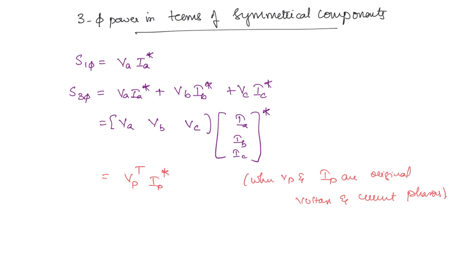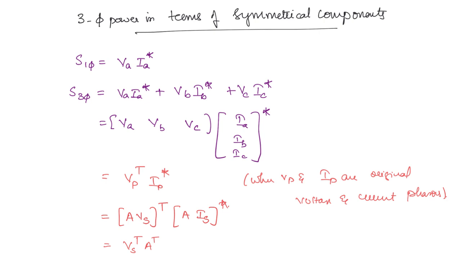Now you can represent these original phasors in terms of the symmetrical components. So what will this be? This is going to be A into Vs transpose, A into Is conjugate. Now two matrices are multiplied and transposed. What will it be? This is going to be Vs transpose A transpose, because AB whole transpose is B transpose into A transpose.